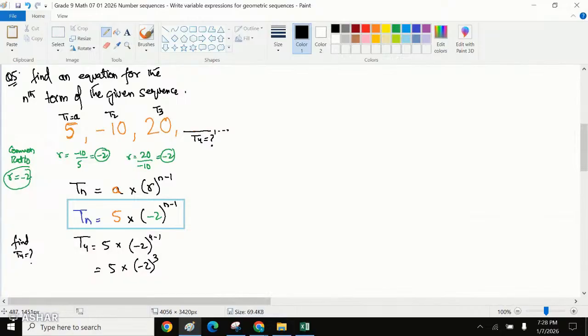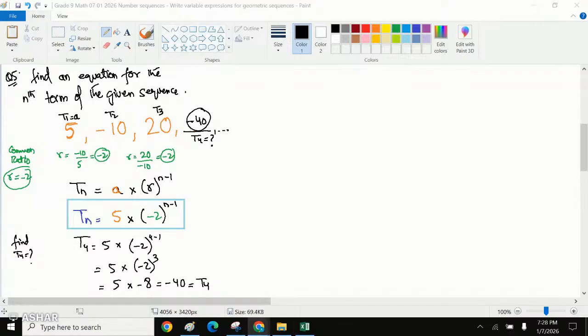A negative number with an odd exponent always gives a negative answer. So 2 exponent 3 is 8 with a negative sign, and it should be -40. This is something that we do not have to do. We are just trying to see if this equation would really find the next term or not, right?